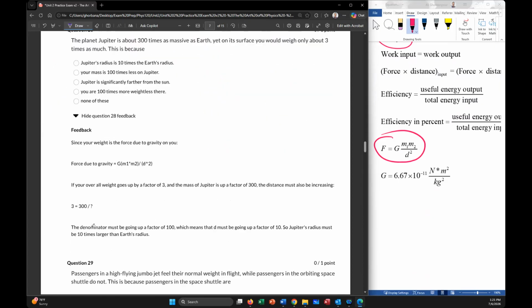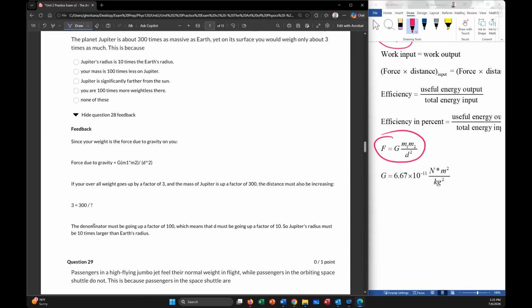Number 28. The planet Jupiter is about 300 times as massive as Earth. Yet on its surface, you would weigh only about 3 times as much.